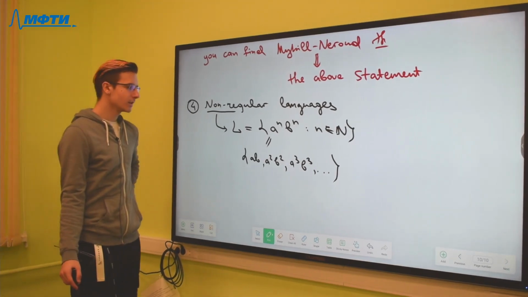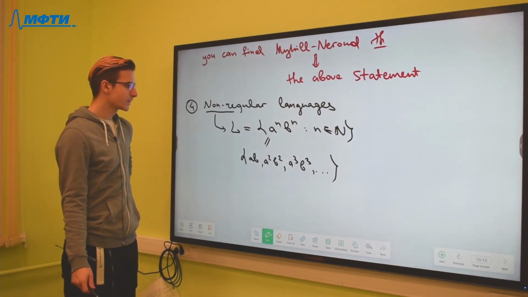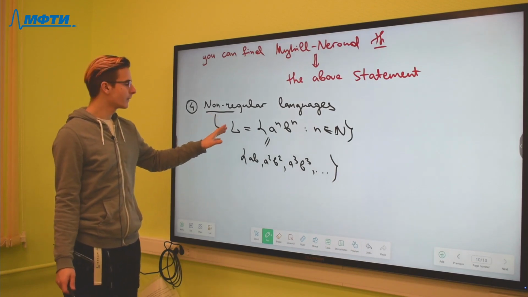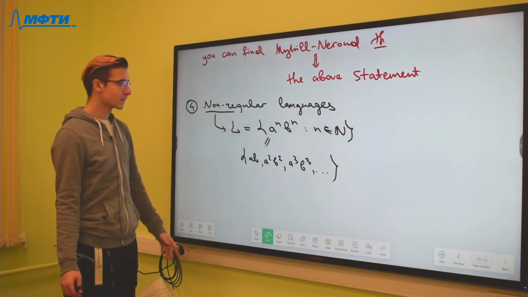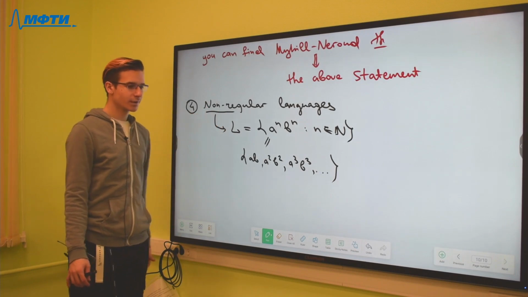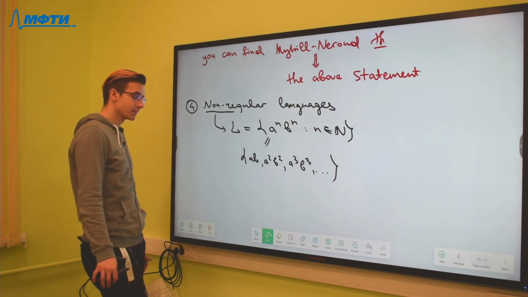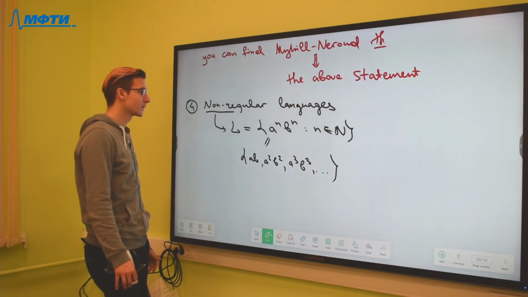And you cannot represent this language as a DFA or NFA because it is not regular, and regular languages are equal to the languages that we can represent as a DFA.